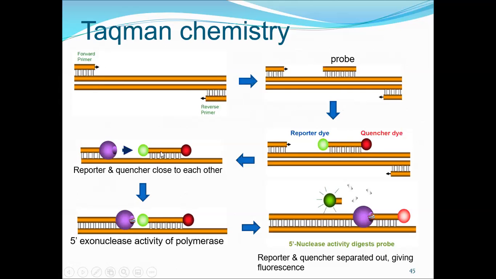So what happens is, when the DNA polymerase starts amplifying beyond the primer, this polymerase has 5' to 3' exonuclease activity. So it has the strand displacement activity.